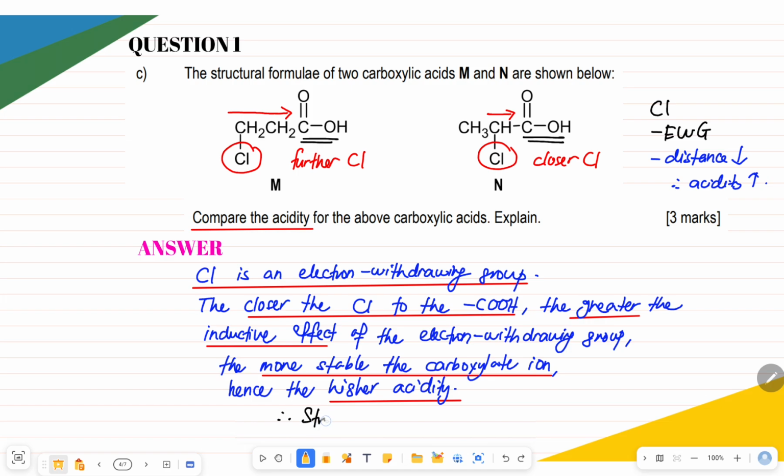Structure N is more acidic, or has higher acidity. Okay, so N has higher acidity than M because it has its Cl closer to the COOH.